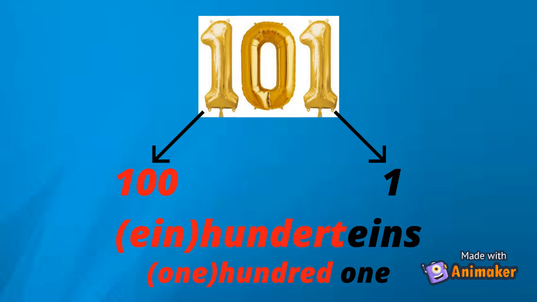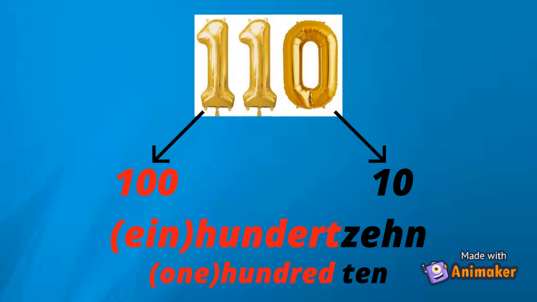So you would read it as hunderteins oder einhunderteins. That means 101. Here is the next number. 100 plus 10. That becomes hundertzehn oder einhundertzehn. That means 110.